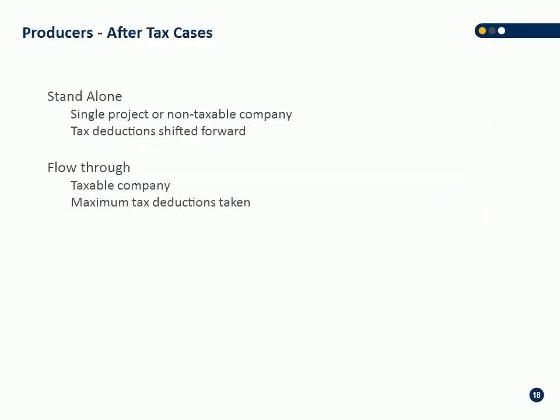Companies can either choose to evaluate properties on a standalone basis where they assume that corporate tax benefits don't apply to the property, or they can do what's called a flow-through analysis where they incorporate all of the corporate incentives that we have in North America. Governments allow companies to recover a lot of their costs through corporate tax incentives.